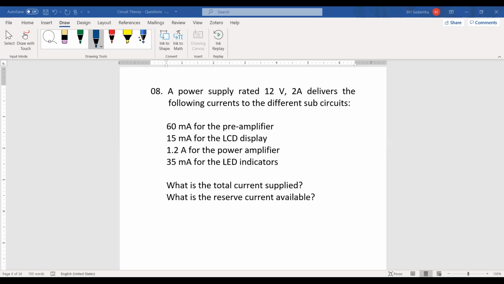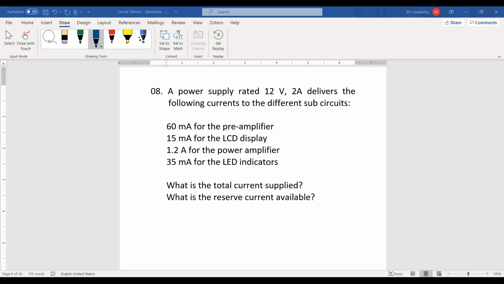Now, can you see it? No, sir. Maybe a connection issue.